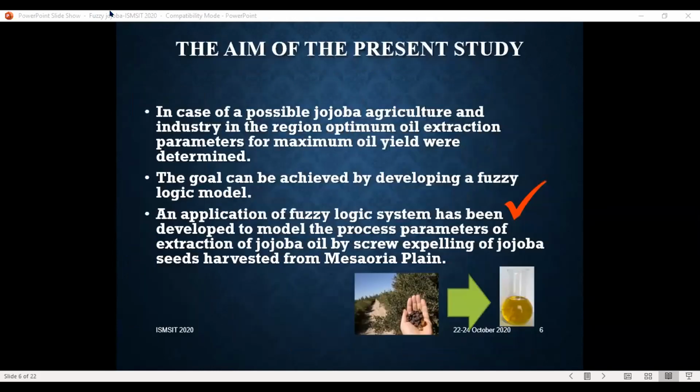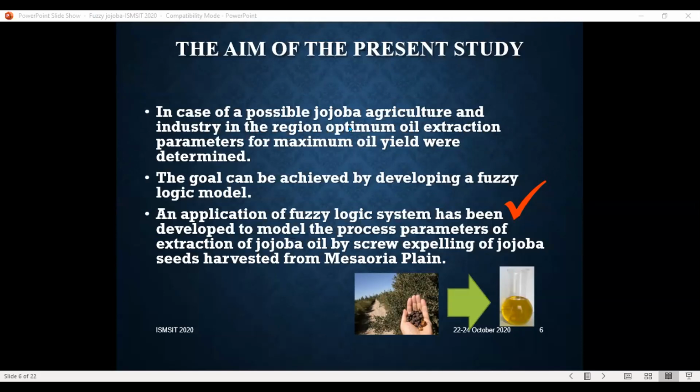The aim of the present study, which is a continuation of a larger research on the characterization and usage of jojoba oil, is, in the case of possible jojoba agriculture and industry, to develop it in the region.